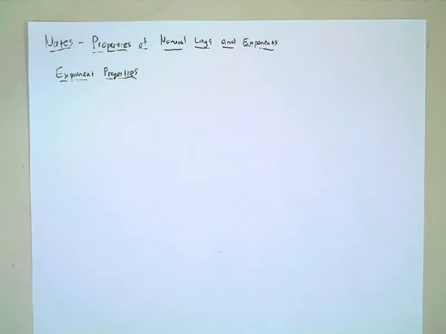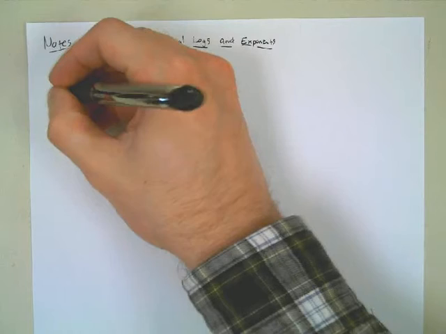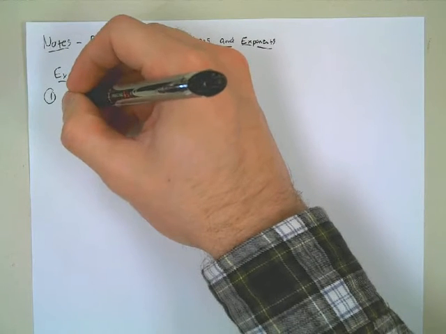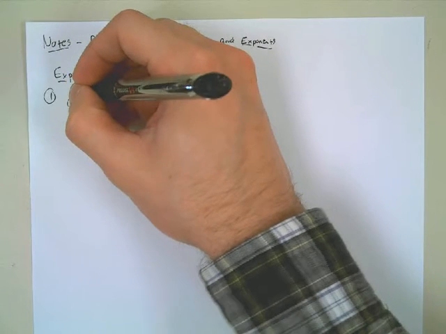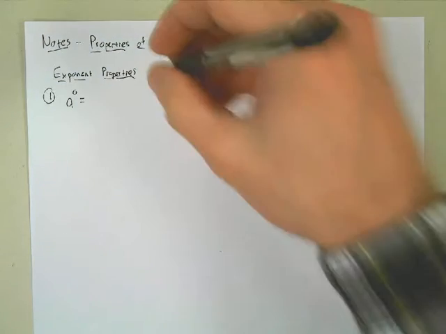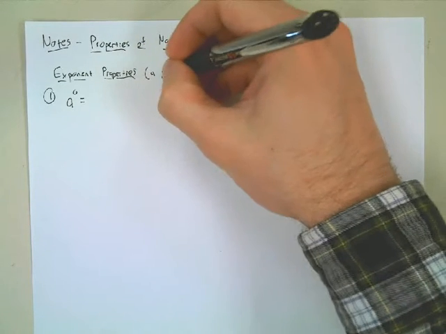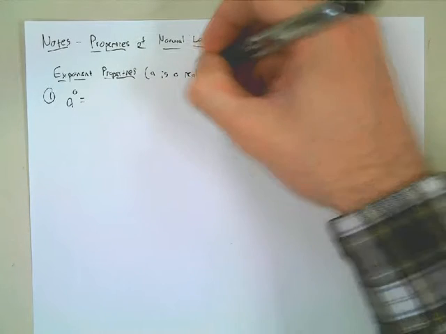Okay, so exponent properties. First, something like a to the 0. And let's just call a a real number.